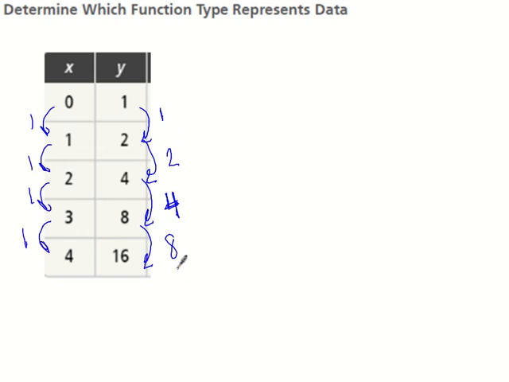But again, my first difference is not constant, so I'm going to check my second difference. So I'm going to go like this. 2 take away 1 is 1. And 4 take away 2 is 2. And 8 take away 4 is 4. So now my second difference is still not constant. So this is not going to be a quadratic.